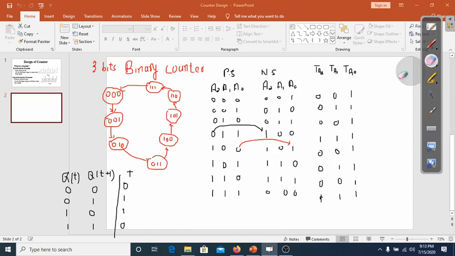So let me erase this state diagram. This is called the state diagram. The state diagram explains the present state and next state, and this is the state table.